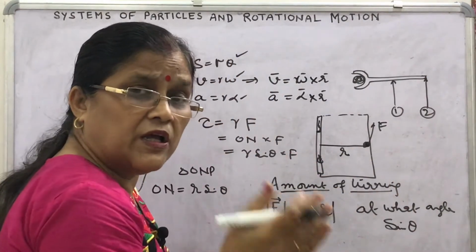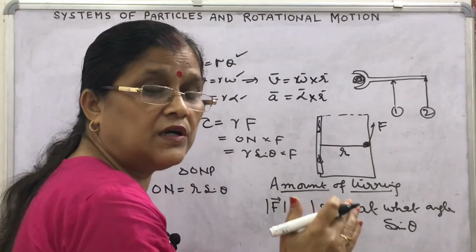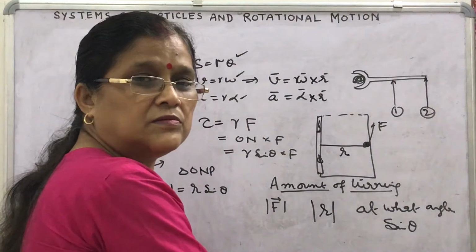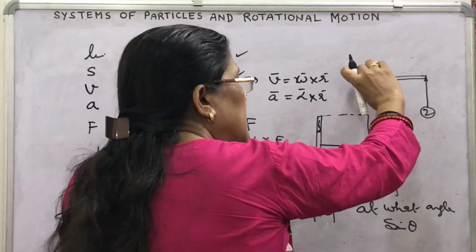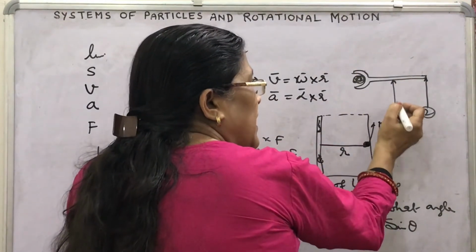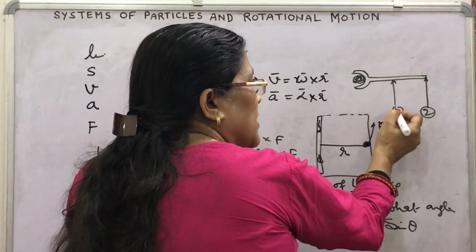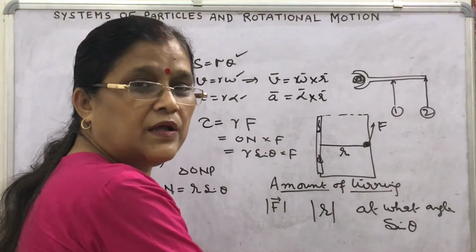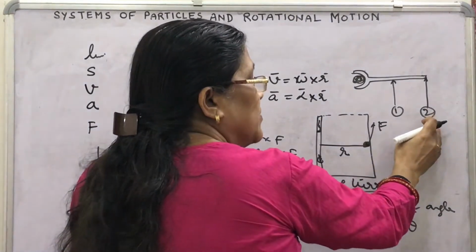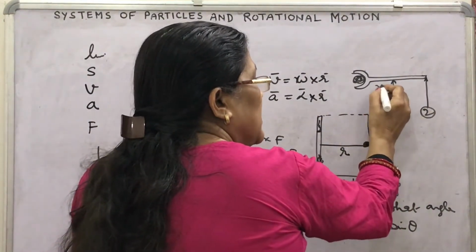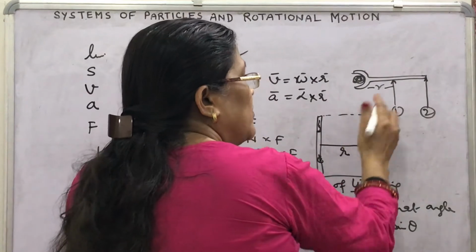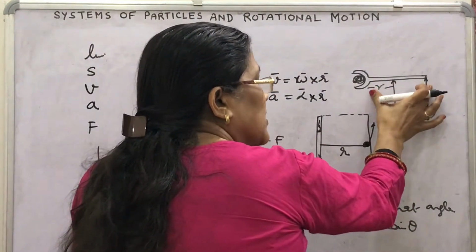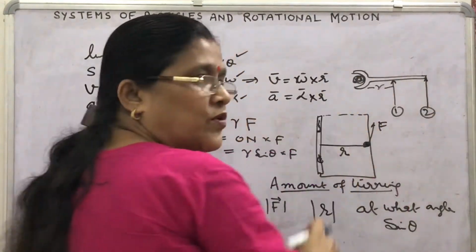Can you imagine in which case the turning will be easier, or you can easily open the nut? You can see that at the point F1, if you apply the force, then more force will be required to open as compared to at the point 2. What does it mean? If R is lesser, the turning will be lesser; for the same force, if R is more, then the turning will be more.